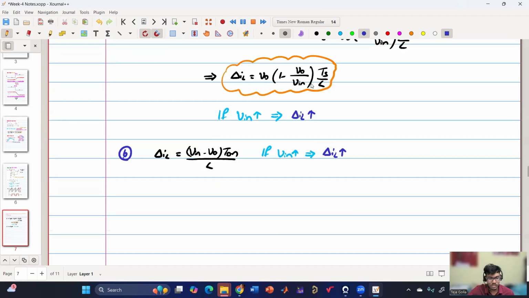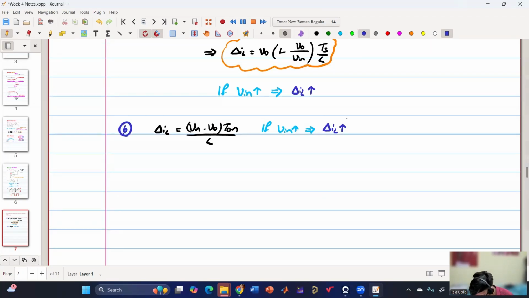Now in the case of constant off time, what will be the expression? Delta L is V naught into T off by L. Very good.